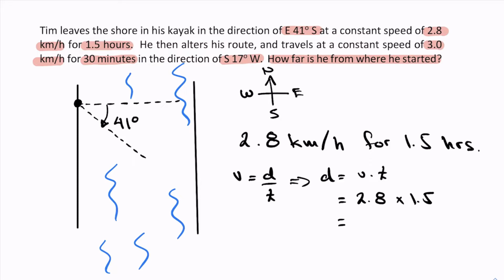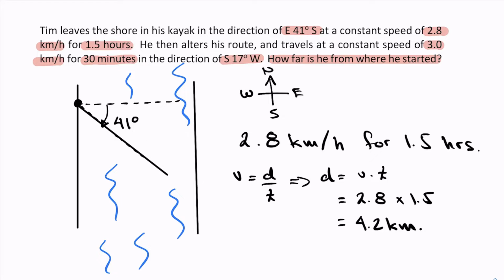And what is that going to give us? 2.8, half of that is 1.4, so that'll be 4.2 kilometers. So for an hour and a half, he goes 4.2 kilometers. I'm going to put that in bold because that's the actual path he takes. So let's just say this is 4.2 kilometers.